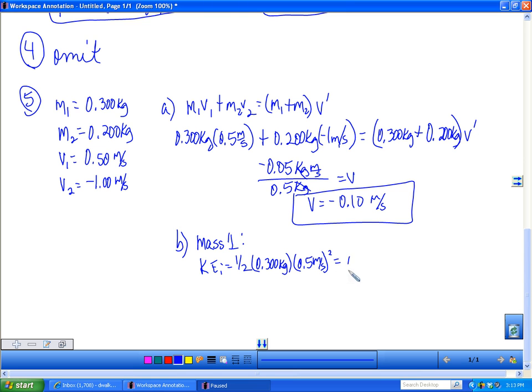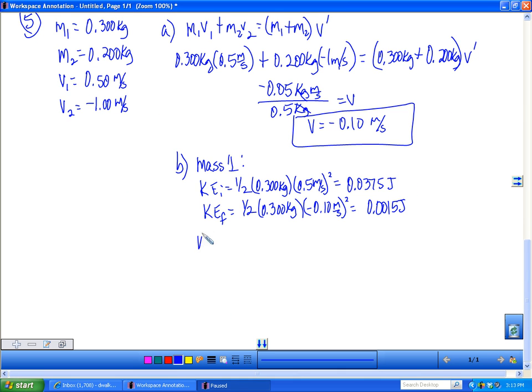So the initial KE there was 0.0375 joules. The final KE for that one was 1/2 times 0.300 kilograms, meaning at negative 0.10 meters per second. I'm going to square that, and when I do that correctly, I get 0.0015 joules. And then I need to do mass 2.